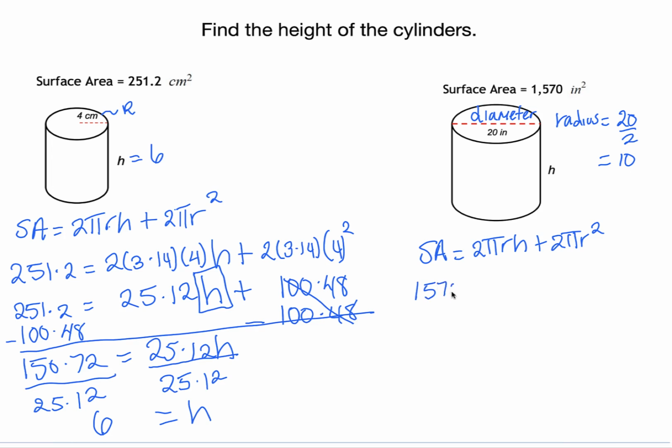So we have 1570 equals 2 times 3.14, your radius is 10, and your height, we don't know. Plus 2 times 3.14, and your radius is 10 squared. So we have 1570 equals, get our calculator.